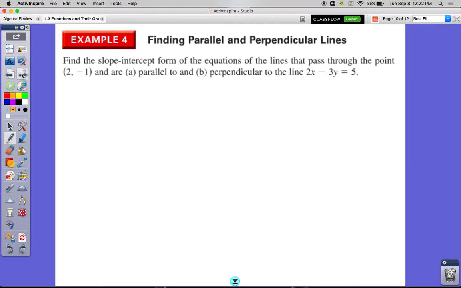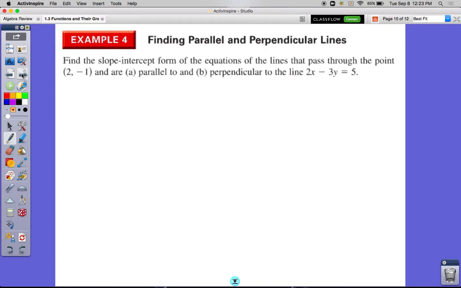It's asking me to find the parallel and perpendicular lines, in slope-intercept form, passing through a given point, parallel and perpendicular to the line 2x minus 3y equals 5. Well, I have a point. I'm missing something here.